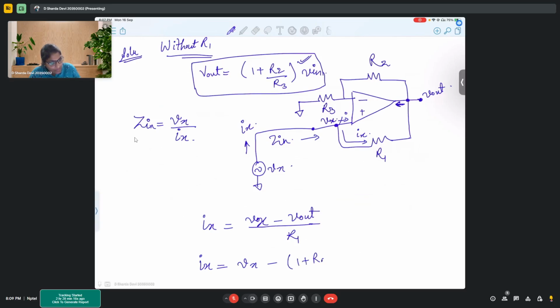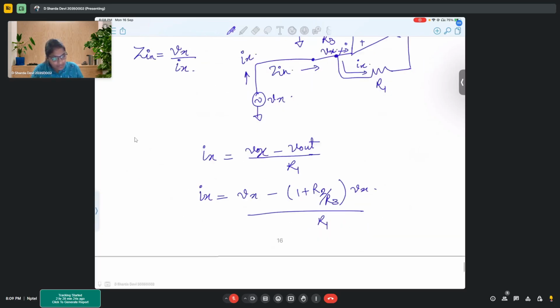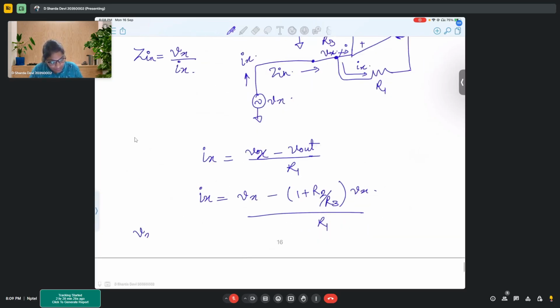So if I write it in that term, 1 plus R2 by R3 into Vx whole divided by R1, then if I separate Vx, that would be 1 minus 1 plus R2 by R3 whole by R1 is Ix.